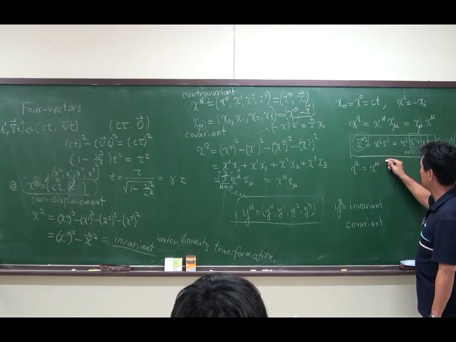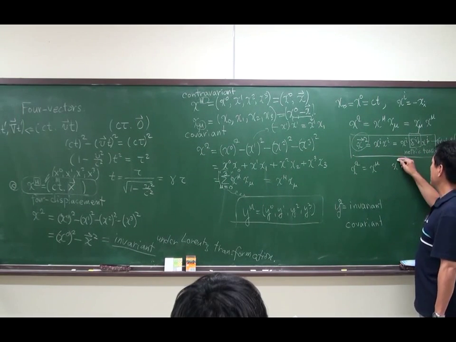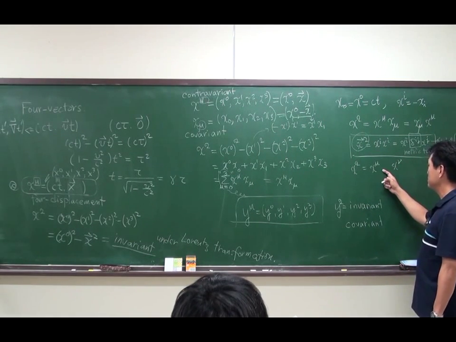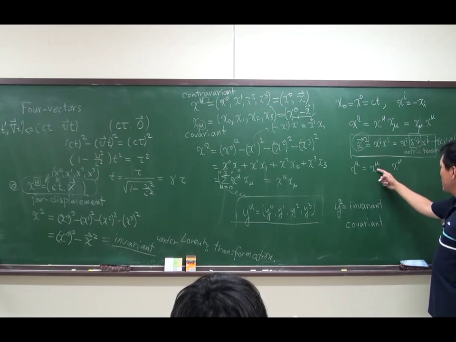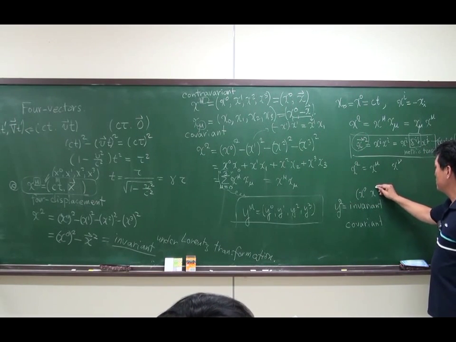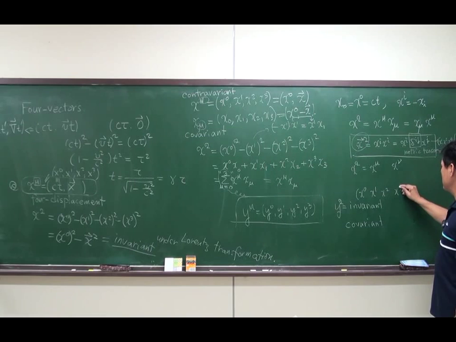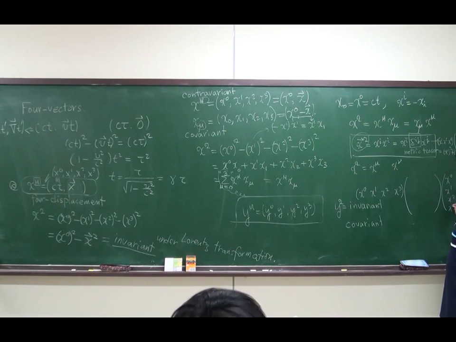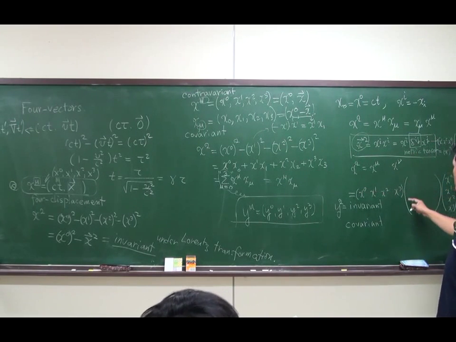X^μ and put a different Greek letter, x^ν. And what is the matrix between that? We can write explicitly like this: x0, x1, x2, x3, and there is a matrix, then x0, x1, x2, x3. Okay? What is the answer? This matrix must be 1, minus 1, minus 1, minus 1.